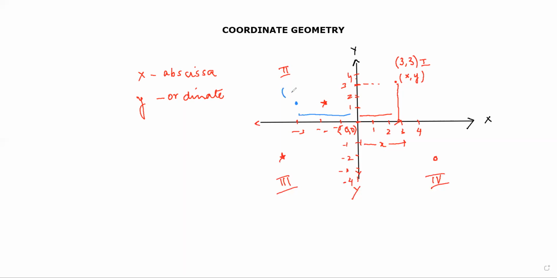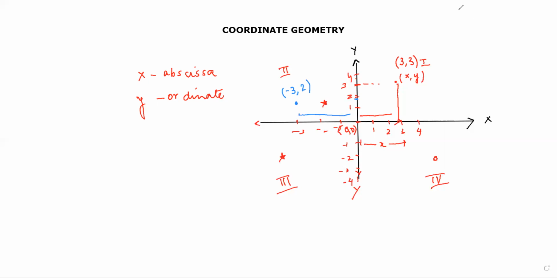So my first coordinate, the abscissa, will be -3, comma. Now I have to find how far it is on the y-axis. If I assume this as 2, then it is +2 because all things in the north are positive. So this will be -3, 2.